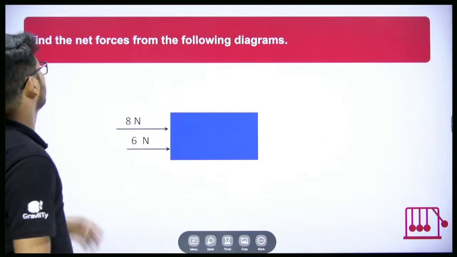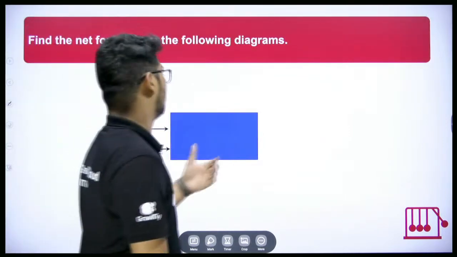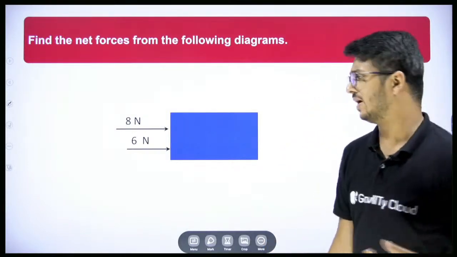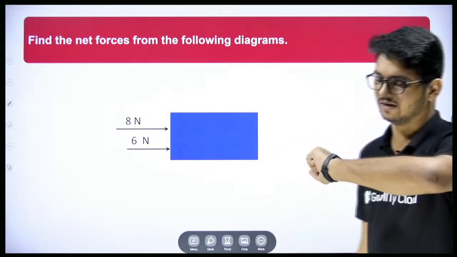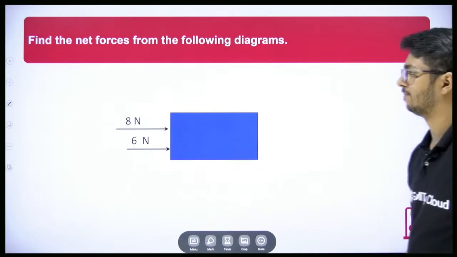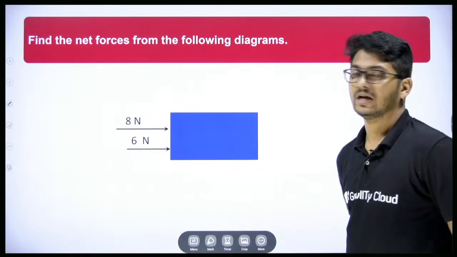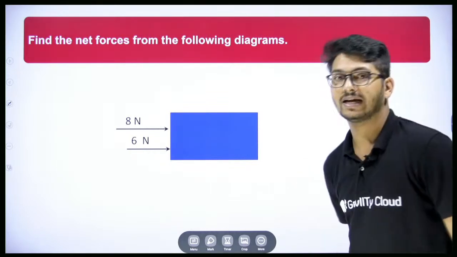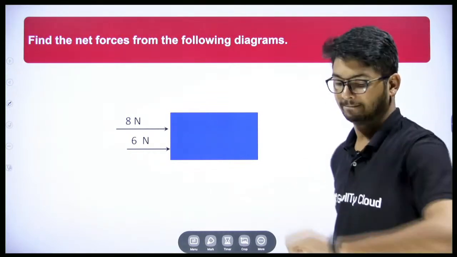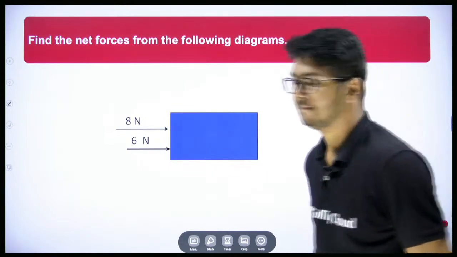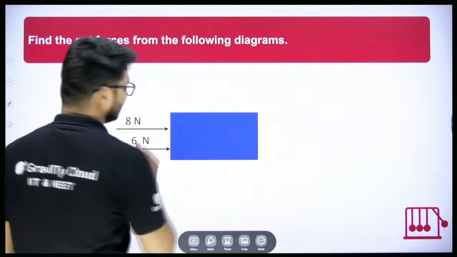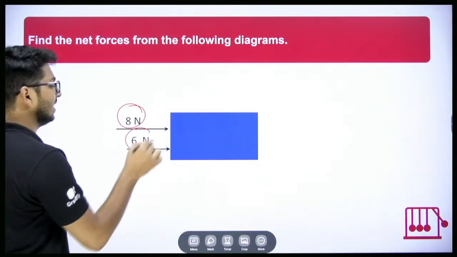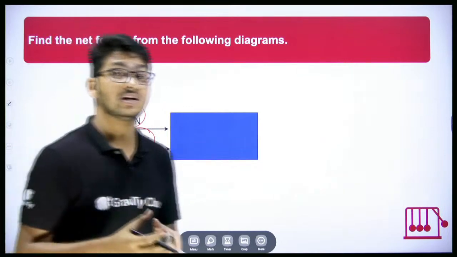Next question. Find the net force from the following diagram. Again, the same type of question. Do it again, 10 seconds should be enough. You have two forces again. So what is that going to be? That's 8 plus 6, 14 Newton, because here the two forces 8 and 6 are acting towards right.